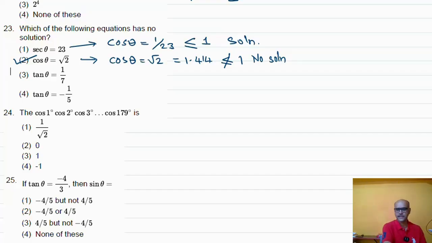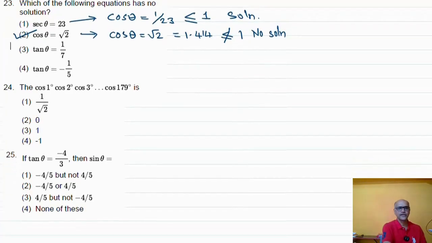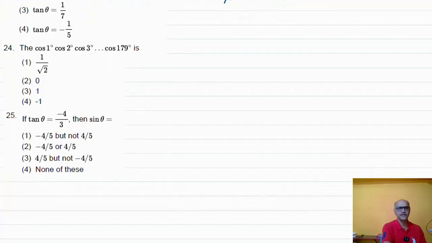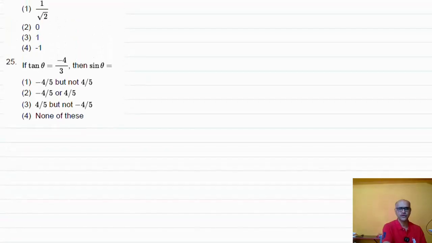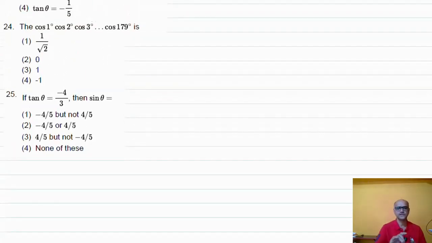Next, the 24th, it is simple. If you observe, cos 1 cos 2 cos 3 and so on up to cos 179. Here in the middle you will have cos 90.